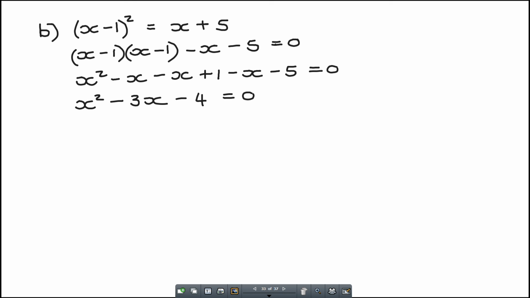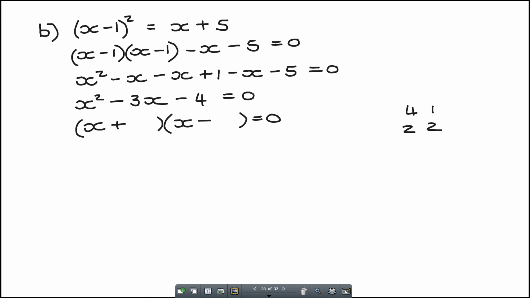Right, so because that's a negative, I know it will be x plus and x minus. Good. Now factors of 4 will be 4 times 1 or 2 times 2. I've got to use those to get minus 3.